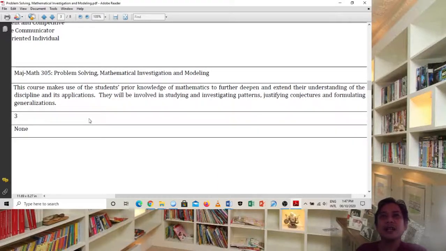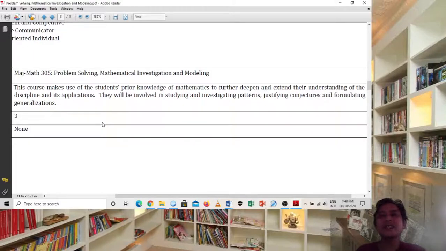If you just pay attention, if you are serious in learning this, you would learn new things, new ways of doing things. We would be introduced to new ways of solving problems, ways that we have never encountered before. After the different strategies in solving problems, you would also do pattern discoveries and then justifying conjectures.